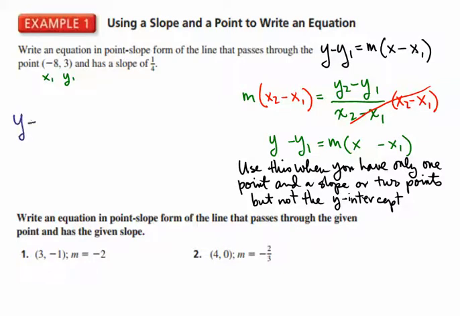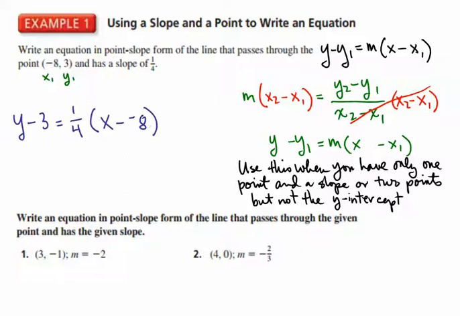So I have y minus, it's always y minus, and we need to put in the y-coordinate here, which is simply 3. y minus 3 is equal to m, which we know is 1/4, times x minus negative 8.